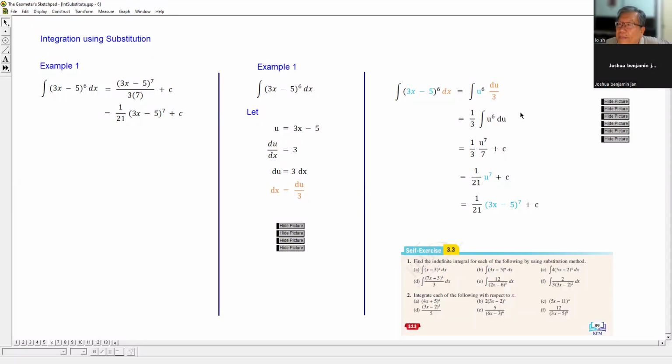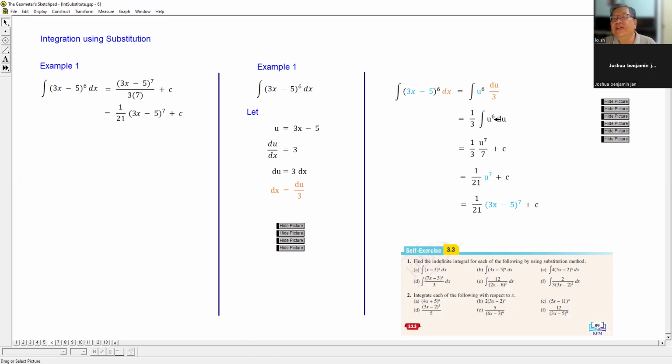Can? Can. Okay. When you change everything to u, it is very easy to integrate. If you change everything to u and it is very difficult to integrate, then something is wrong with your substitution. You don't know how to substitute, you use the wrong substitution, so you look again at the question, how to substitute.